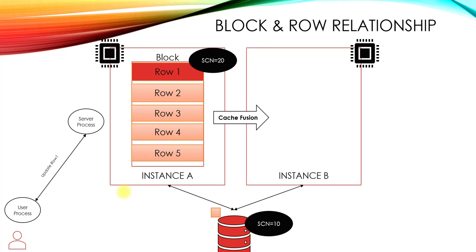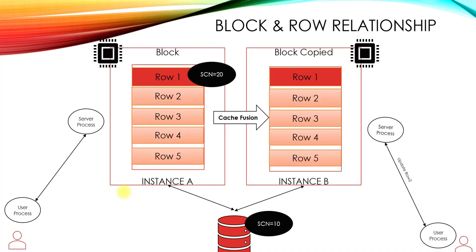While updating row 1 from user 1, because this block was the most recent block and fetched from the database itself, it will be stamped as SCN 20 and will be stamped as exclusive current. This will be the latest block, as we already know that whatever block is termed exclusive current will be the latest block, and this block termed exclusive current will be only one in the entire cluster.